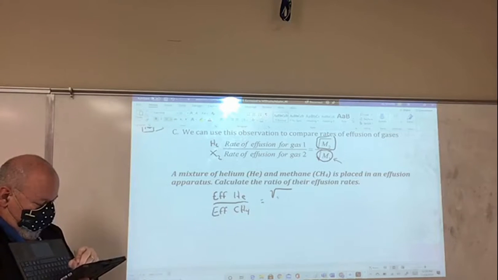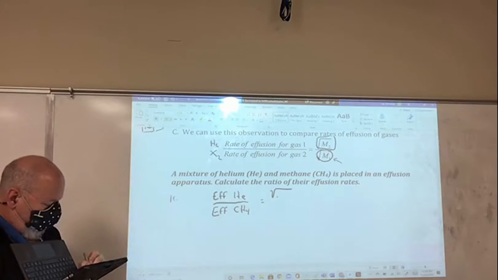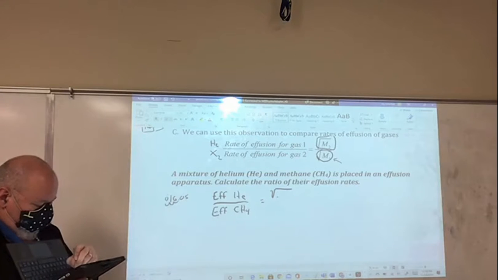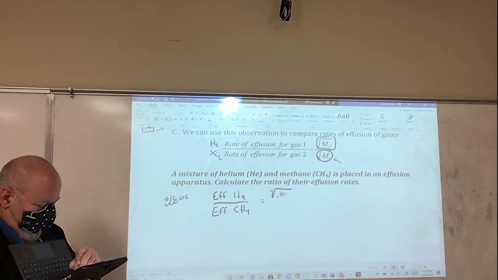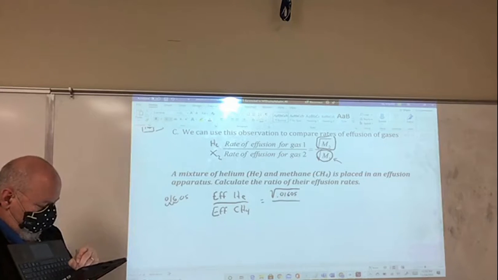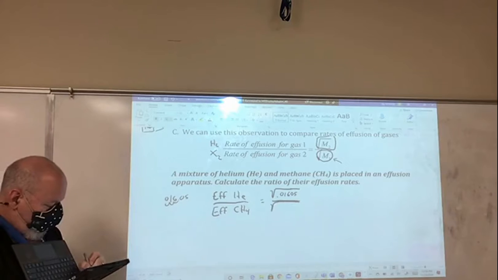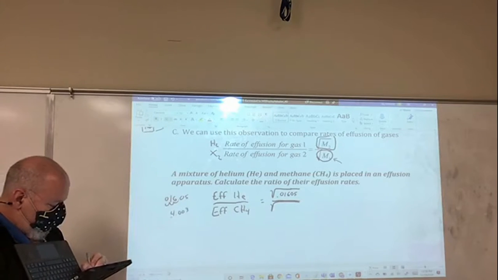So it's the square root of that divided by the square root of the molar mass of helium, which is 4.003.